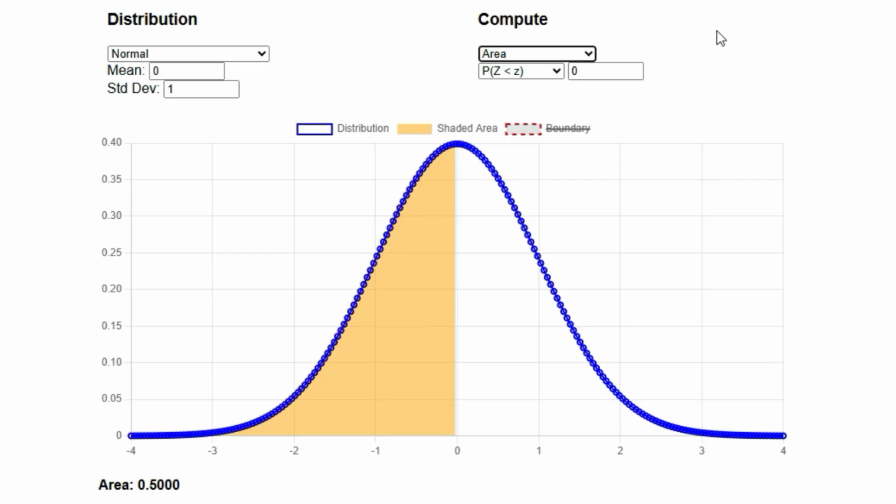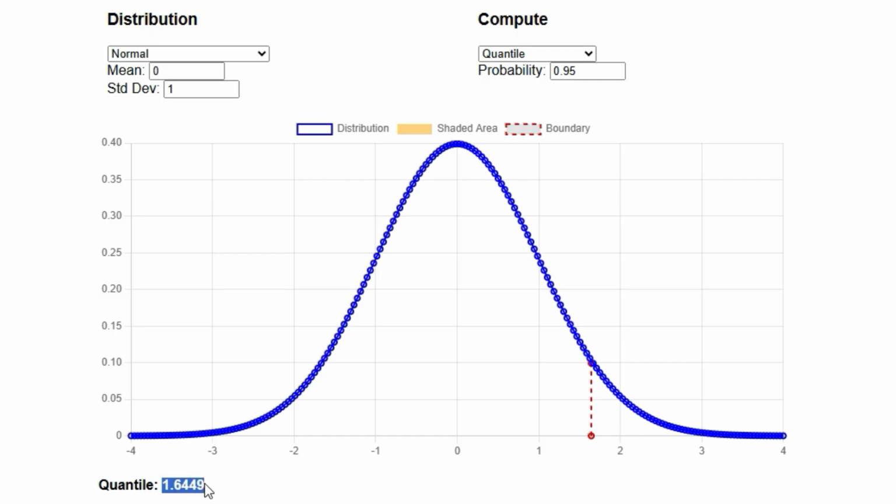In addition to calculating areas from the normal distribution, I can calculate percentiles by specifying that percentile in this probability statement. For example, for the standard normal distribution, if I want to find the 95th percentile, I can put in 0.95, and this red line shows me that this is the percentile that has 95% of the area below it and 5% of the area above it.